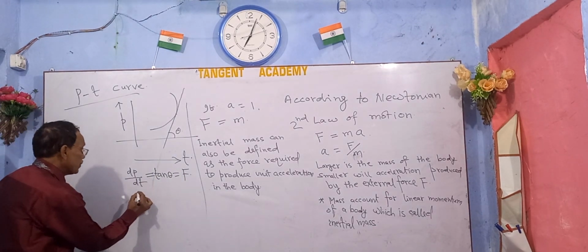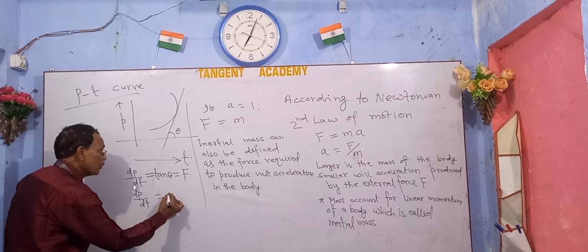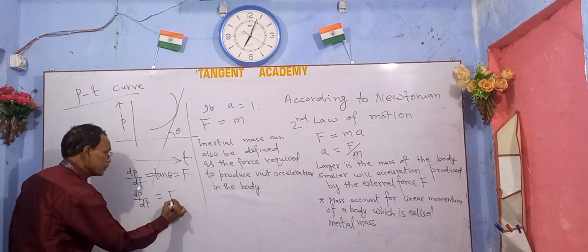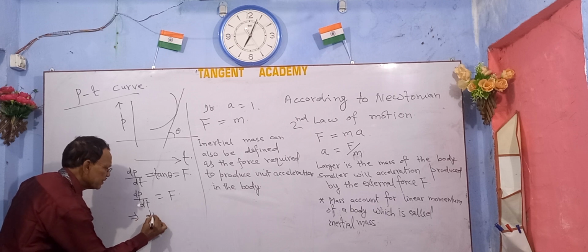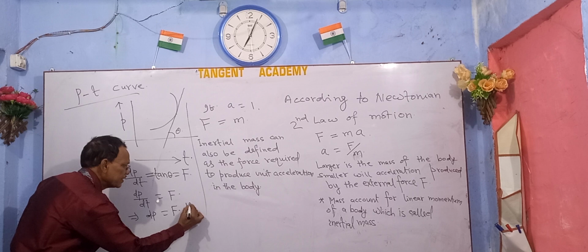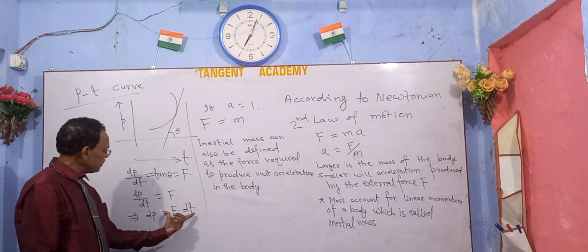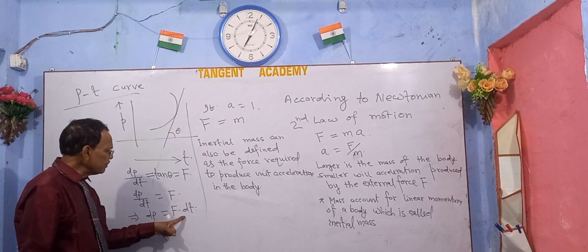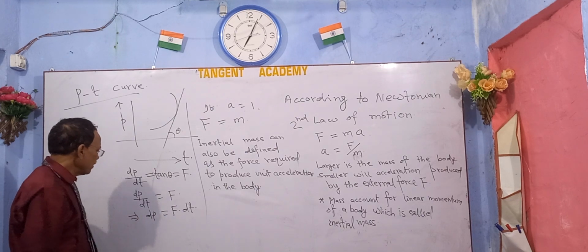So dP by dt is equal to force, which implies dP is equal to F dt. Now we will integrate both sides under the limits T2 and T1, and P2 and P1.